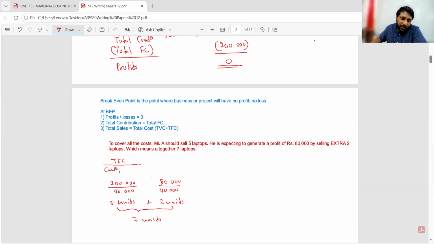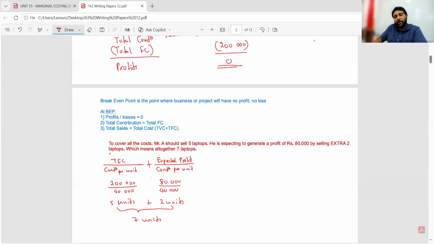Contribution per unit. 80,000 is the expected profit, or the target profit. 40,000 is the contribution per unit.